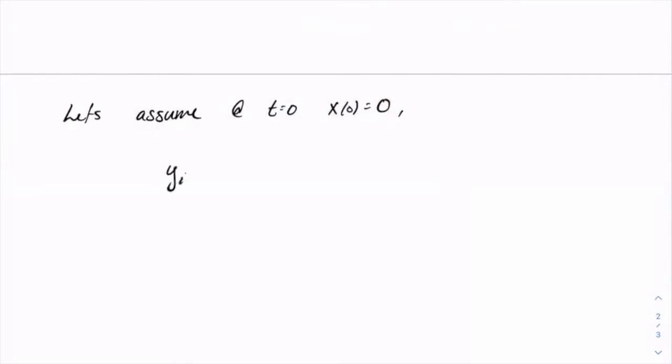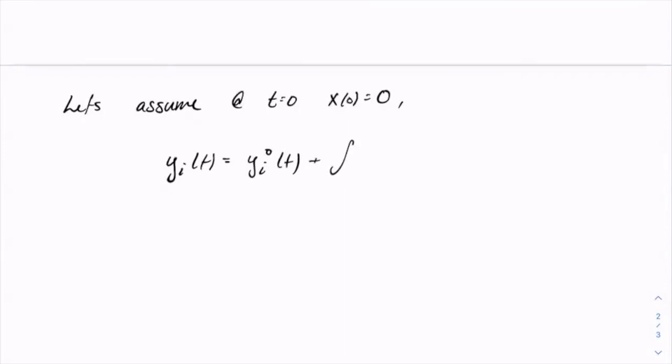Each harmonic degree of freedom, y, at a time t, will be whatever that y is in the absence of the coupling to the solute, plus treating that solute interaction as a perturbation, we know that we will get an integral over a response function.